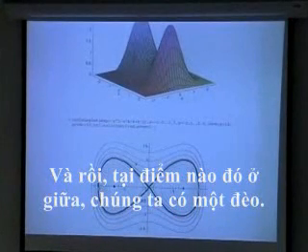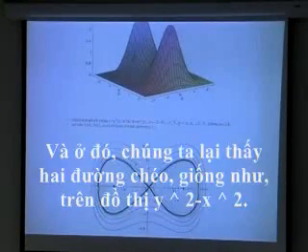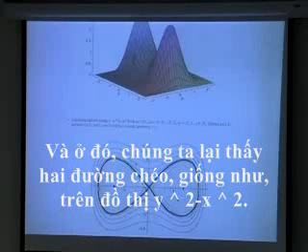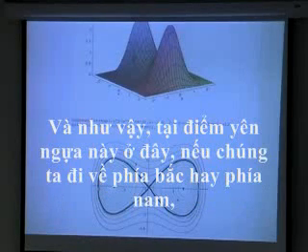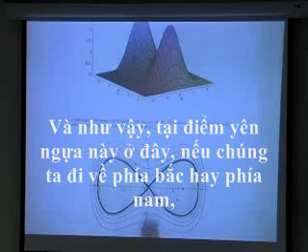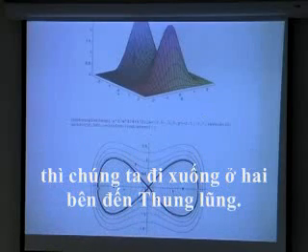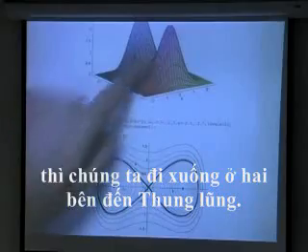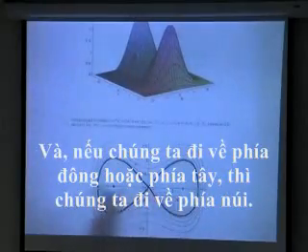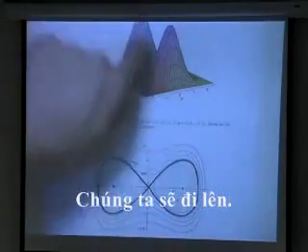And then, at some point in the middle, we have a mountain pass, and there we see the two crossing lines again, like on the plot of y squared minus x squared. And so, at this saddle point here, if we go north or south, then we'll go down on either side to the valley. And if we go east or west, then we'll go towards the mountains. We'll go up.